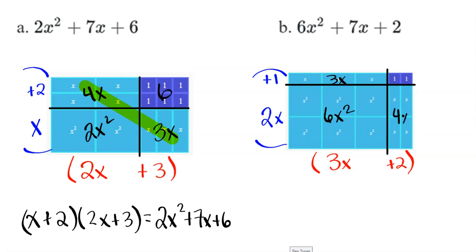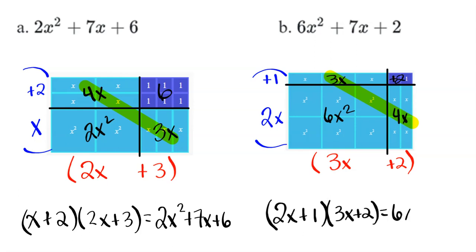This is 4 x's over here on the bottom right, and then we have positive 2 there. If we combine our like terms, which these two are, we get our 7x, so we have 6x squared plus 7x plus 2. And so we would simply write this as 2x plus 1 times 3x plus 2 is equal to 6x squared plus 7x plus 2.